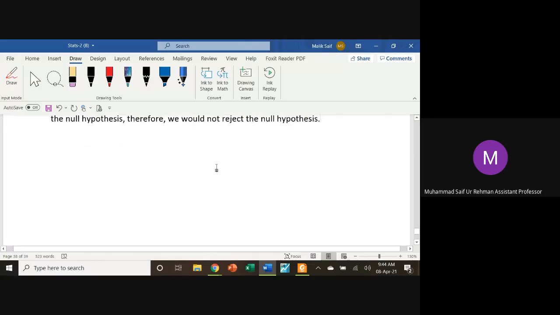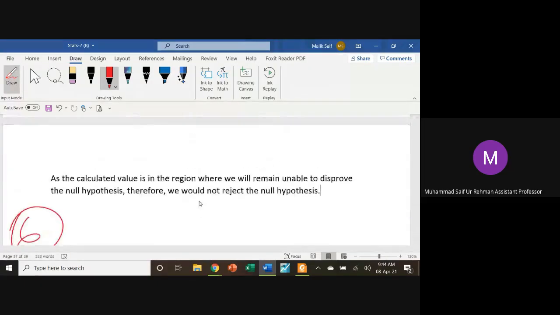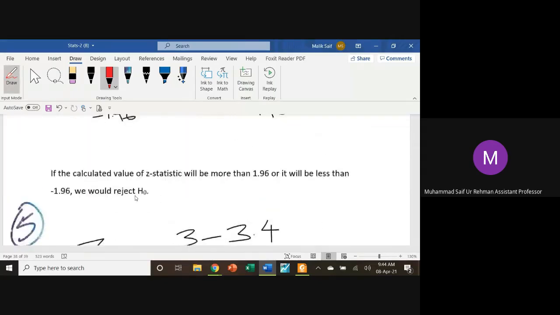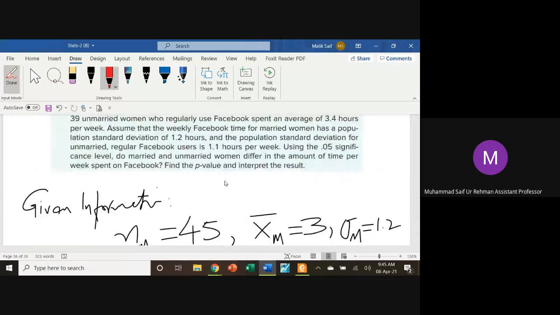And finally, you have to interpret the result in step 6. What this means, we have remained unable to disprove the null hypothesis means we have accepted the null hypothesis. So what is null hypothesis? The null hypothesis is this. So we have accepted this and what this means. This means, do married and unmarried women differ in amount of time per week spent on Facebook?